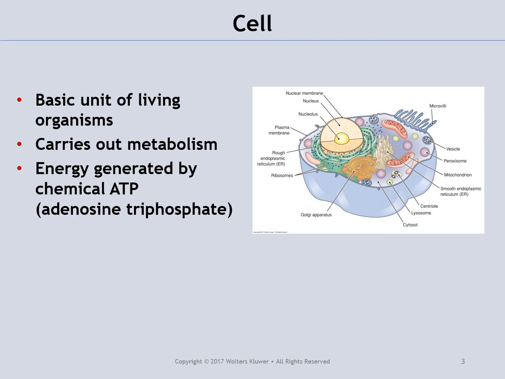The energy that a cell generates is called ATP, adenosine triphosphate. You don't need to know the big name, but I would have ATP kind of bouncing around in the back of your mind when we talk about this. Some of the poisons that we find in nature actually work to block this production of ATP.